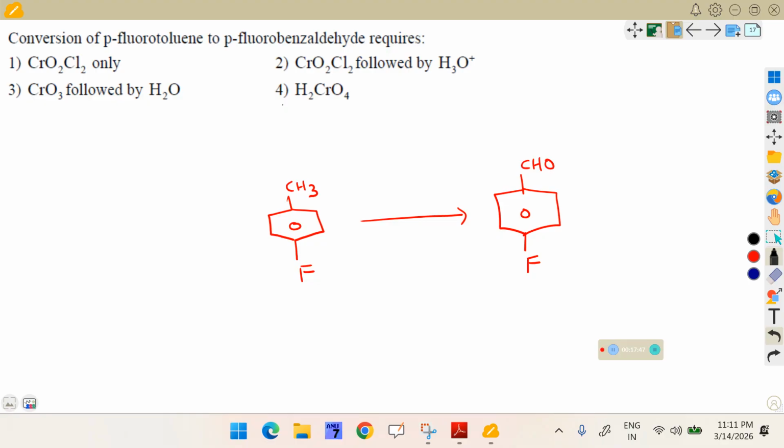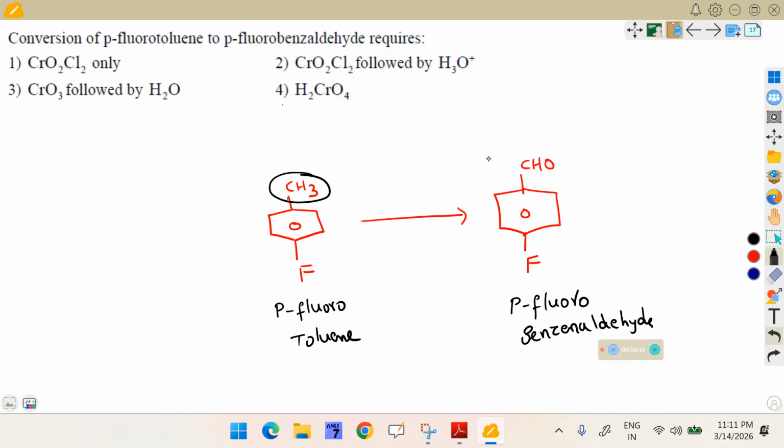The next question is the conversion of parafluorotoluene to parafluorobenzaldehyde. In this, the methyl group is converted to an aldehyde group.